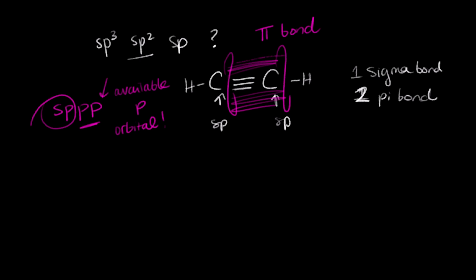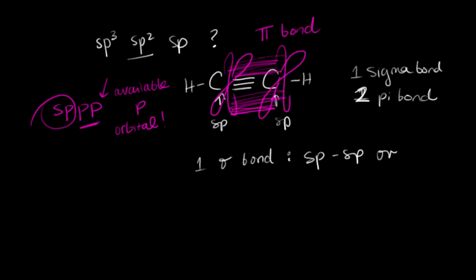So what's going to happen is we're going to have another p orbital interaction to create that second pi bond. And now what we have is 1 sigma bond due to the sp-sp overlap between those carbons, and then we have 2 pi bonds, and that's because we have p and p overlap, but we have 2 of those happening.